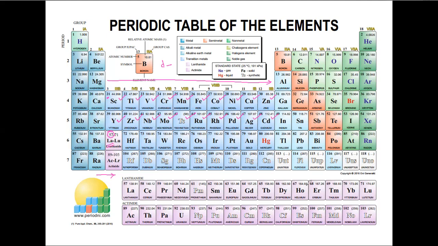From cerium to lutetium, they are lanthanides. Let us forget about them for the time being. Go for hafnium, tantalum, tungsten, rhenium, osmium, iridium, platinum, gold, then mercury. So that is the third transition series.